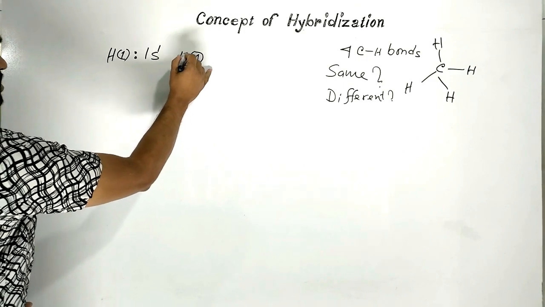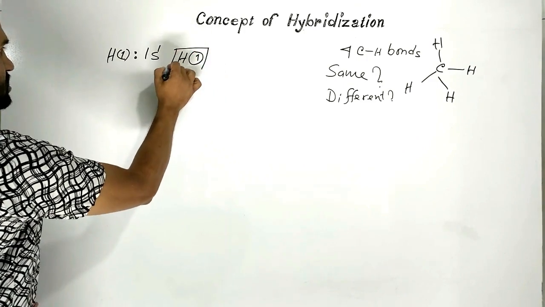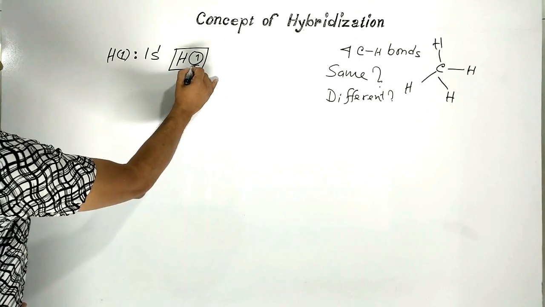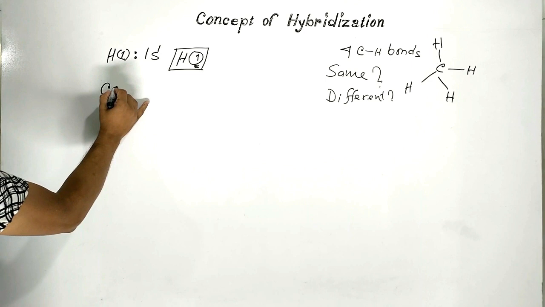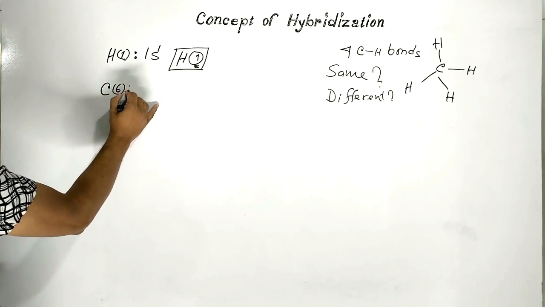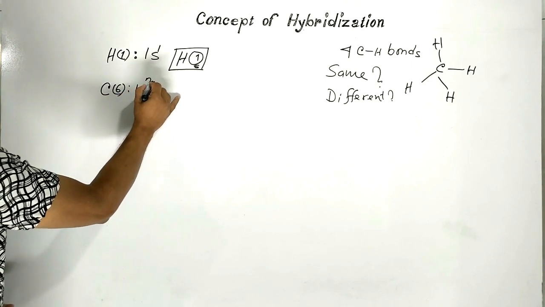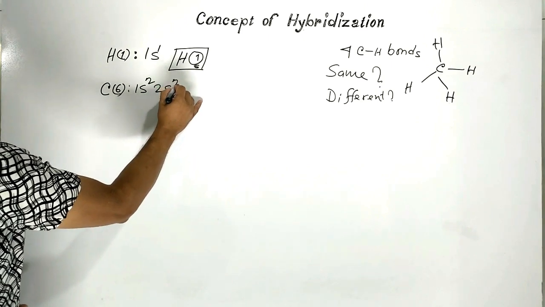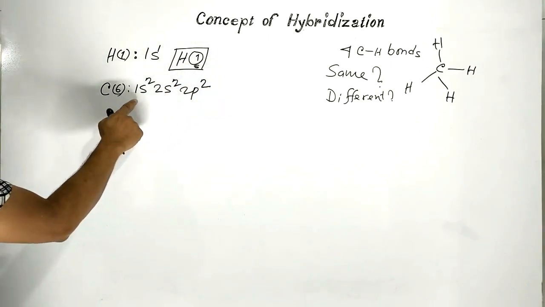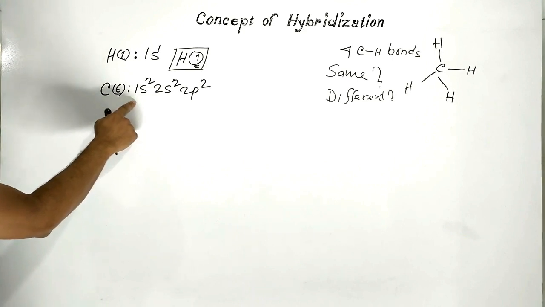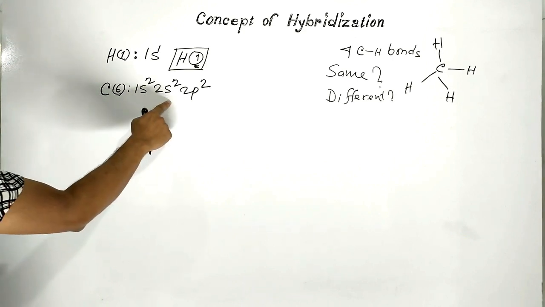So this is hydrogen with its s orbital. Then the electronic configuration of carbon is 1s2, 2s2, 2p2. This is the ground state electronic configuration of carbon.